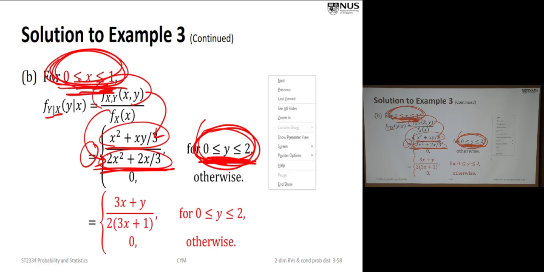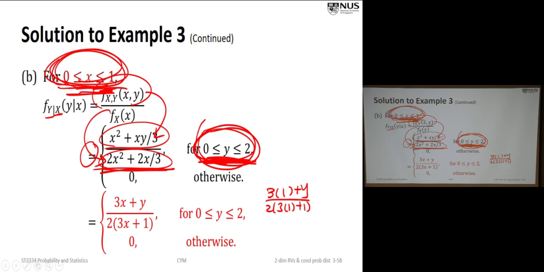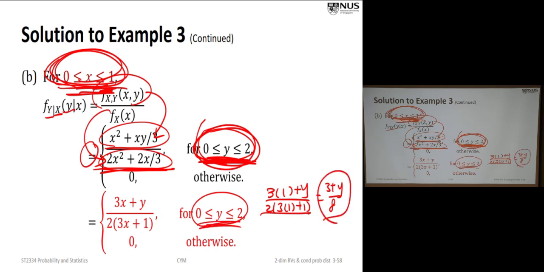So it is 3 times 1 plus y over 3 times 1 plus 1. All right? So it is 3 plus y over 8 for y between 0 and 2. So that is the conditional distribution of y. Y will equal this expression, so long as y is between 0 and 2. And this is for x equals 1.